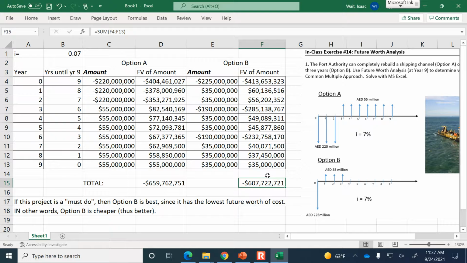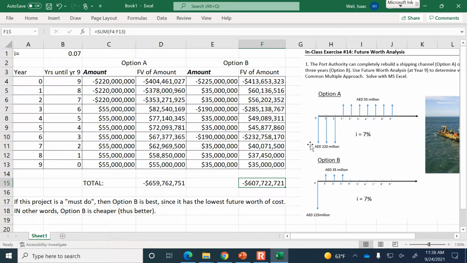So the point is, we've done the analysis, and then we've answered the question while citing the decision criteria. And the decision criteria for future worth analysis is choose the alternative that, if it's non-negative, has the highest present worth. In this case, this is like a public works project where we have to do the project.